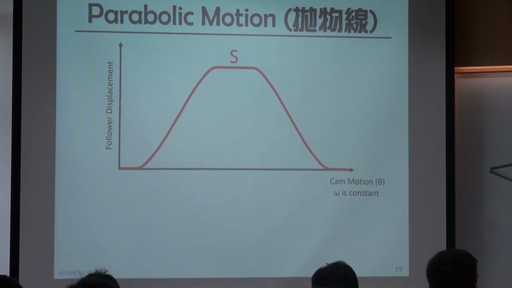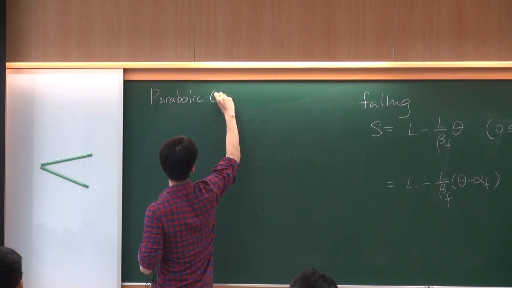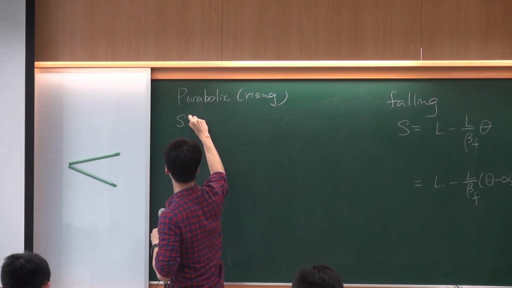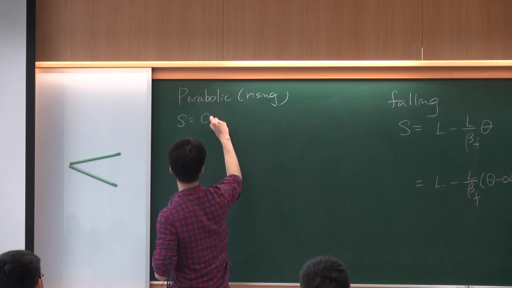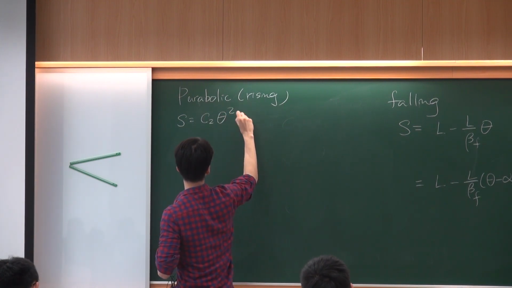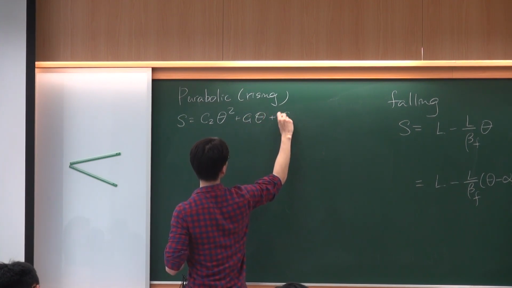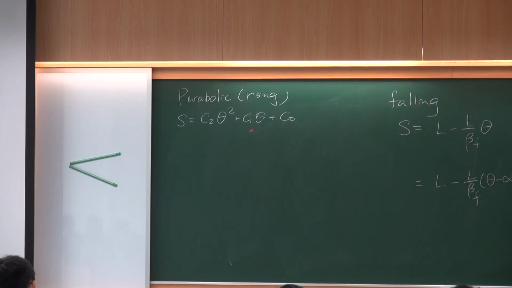So parabolic curve, erase this first. So what's a parabolic curve? A parabolic curve is a quadratic curve.